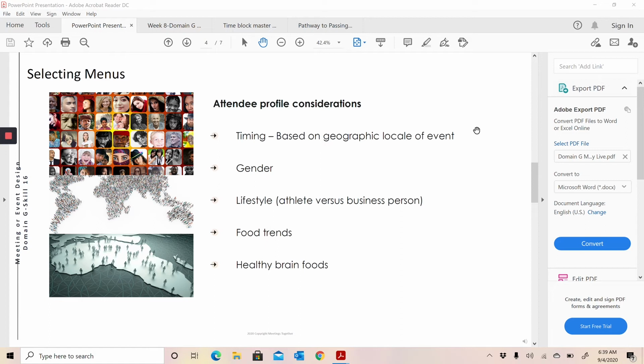And then brain foods, that's really stopping the processed foods and trying to avoid those sugar crashes. So when your attendees come back from a break, they can actually focus on the meeting without their blood sugar being affected. So those are some things to consider when we're going to be selecting our menus.